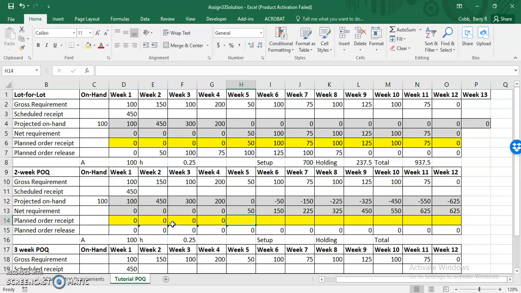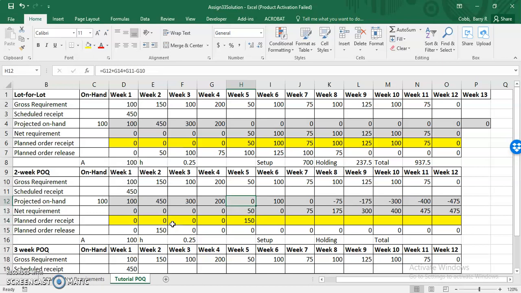When we have a positive net requirement, it's a 2-week order policy. So we order the current net requirement, that's 1 week, plus the next gross requirement, that makes it 2 weeks. And that would be our planned order receipt.